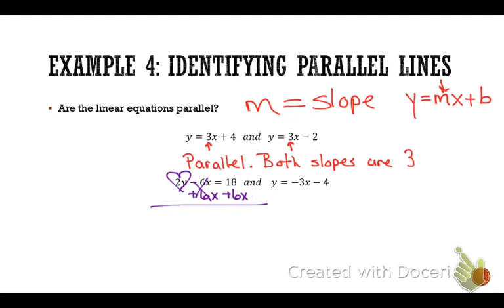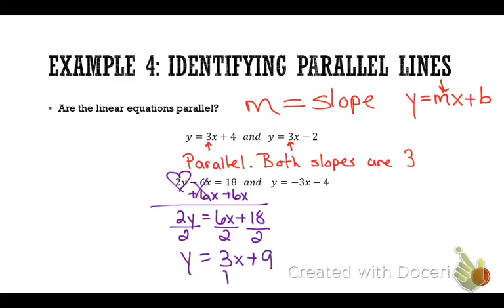They're not like terms. 2y equals 6x plus 18. One more step to get y solved for. What do I do? Divide everything by 2. Y equals 3x plus 9.